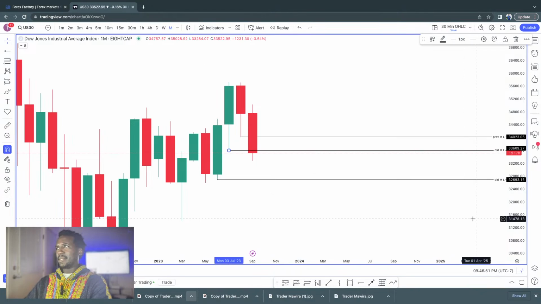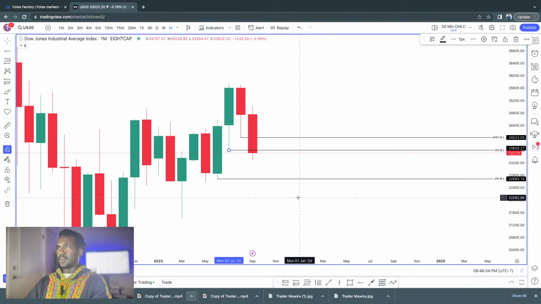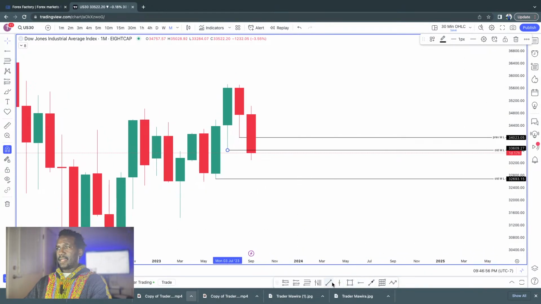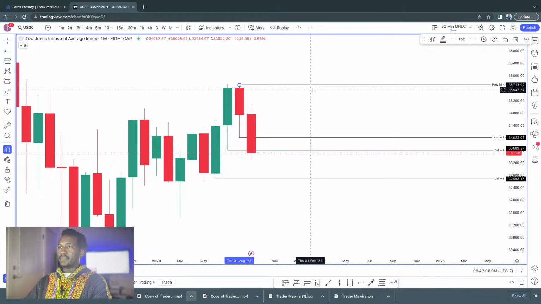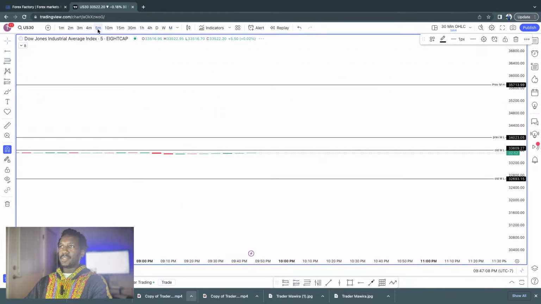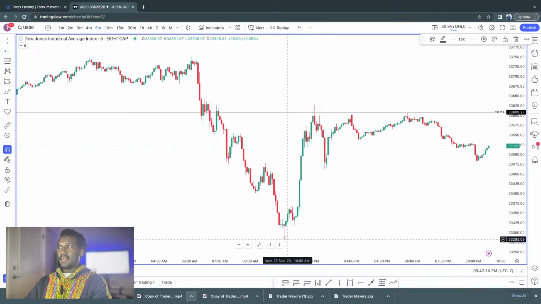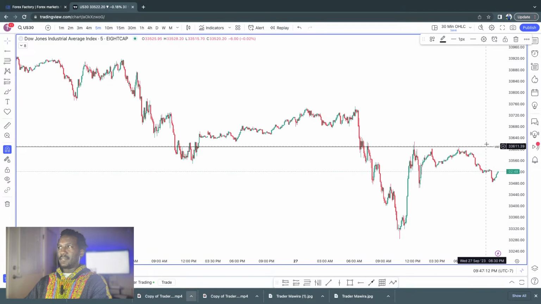I mean, I can do that, but it seems to be so much, right? And then I can also come and say this is the previous month high, right? So when I'm in whatever time frame, let's say if I go down to a 5-minute time frame, then I can know that those levels are right there.